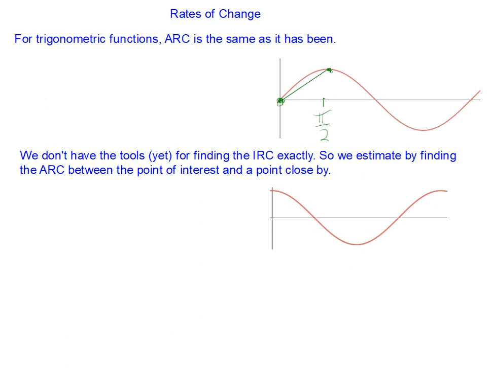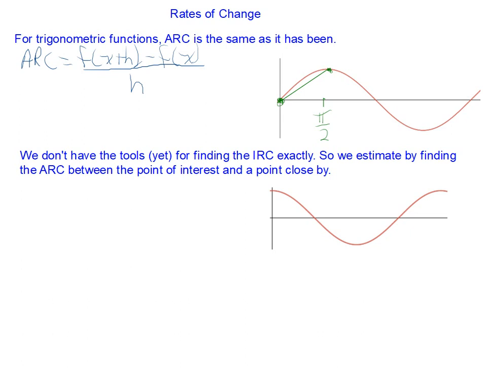And just a reminder, the way that we've done that is by saying that the average rate of change is equal to f at x plus h minus f at x all over h. And that will still apply, again, we've talked about this many times before, applies for trig functions as well as others.